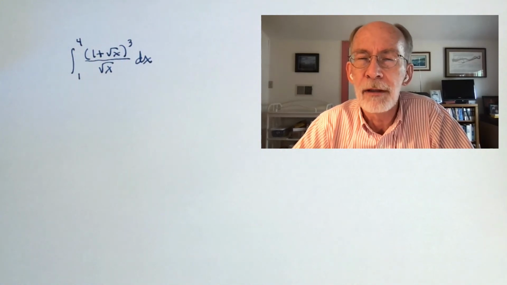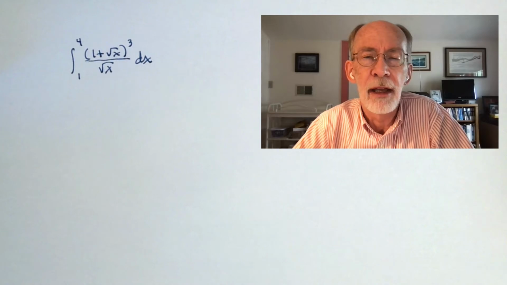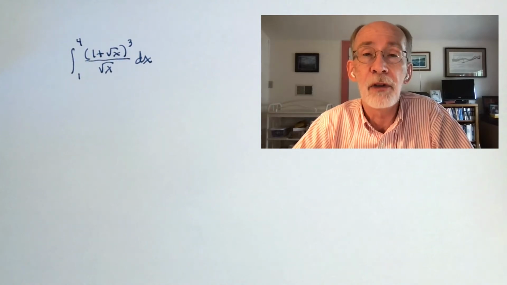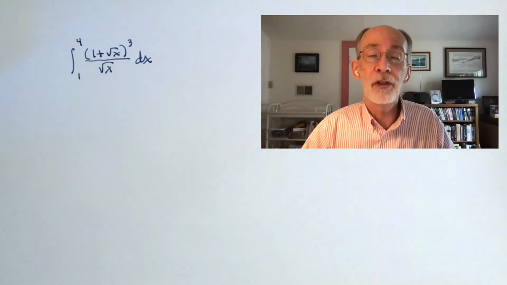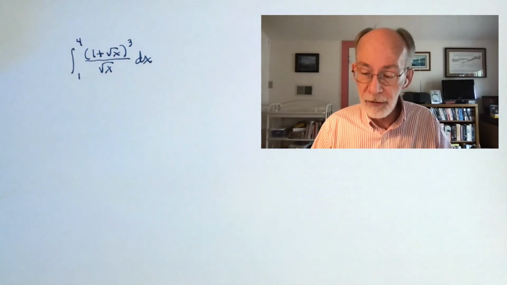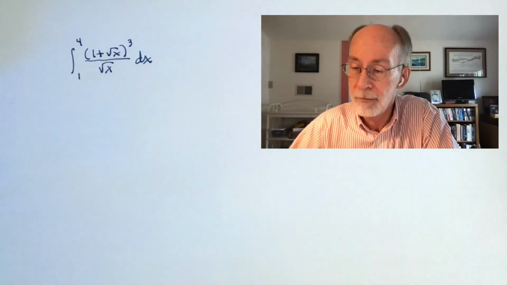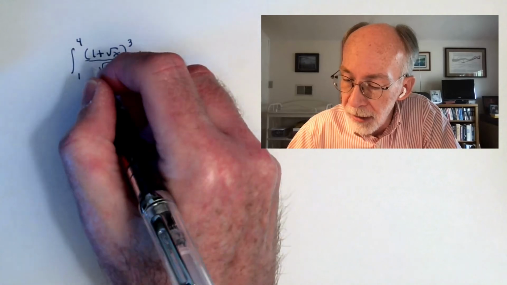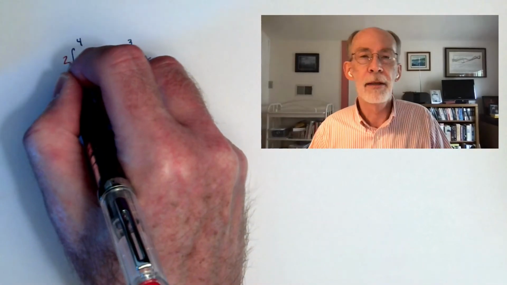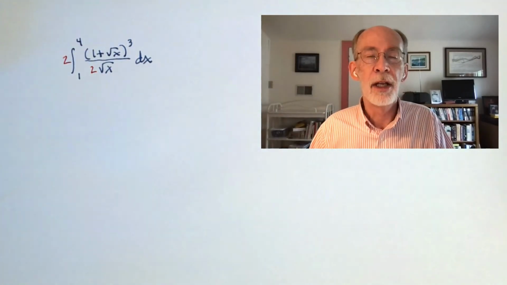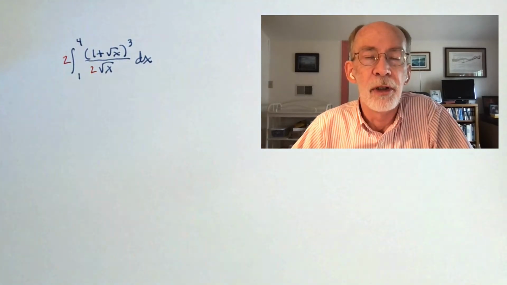And so I ask myself, all right, what's the derivative of that thing inside the cube? And the answer is it's 1 over 2 root x. And except for the 2, we have a root x in the denominator. We can engineer a 2 in the denominator. We just have to also introduce a 2 in the numerator so that we keep it square.